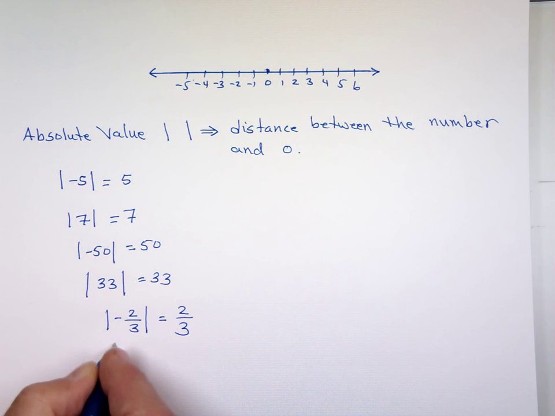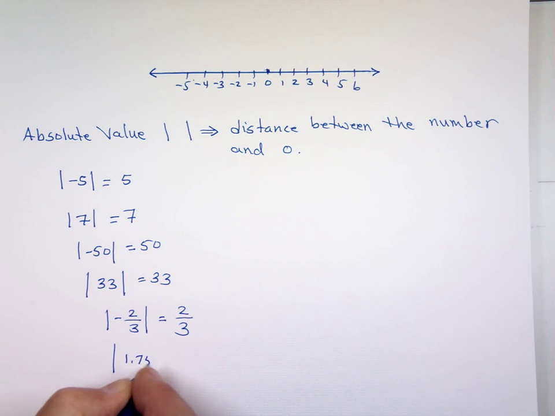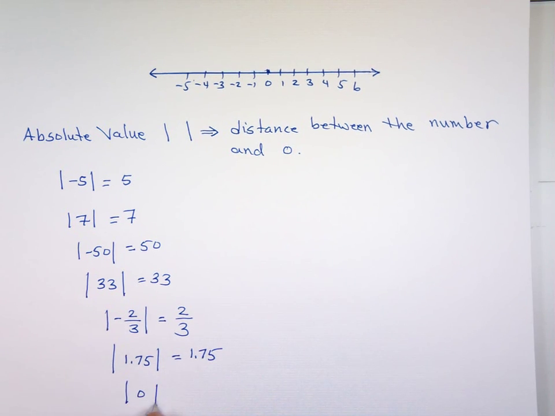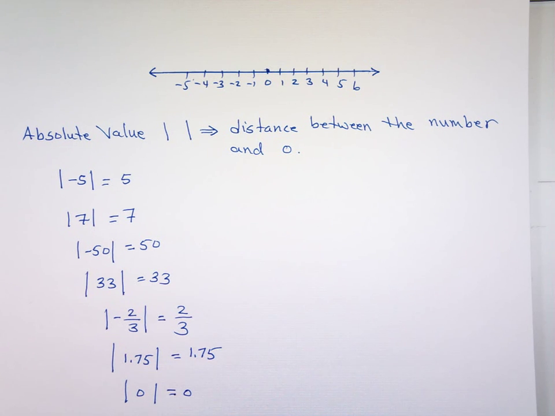The absolute value of 1.75. 1.75. The absolute value of 0 is 0. How far is 0 from 0? 0. So that's really why the absolute value is always positive. So if the number is negative, what do you do? Make it positive. If the number is positive, leave it alone.